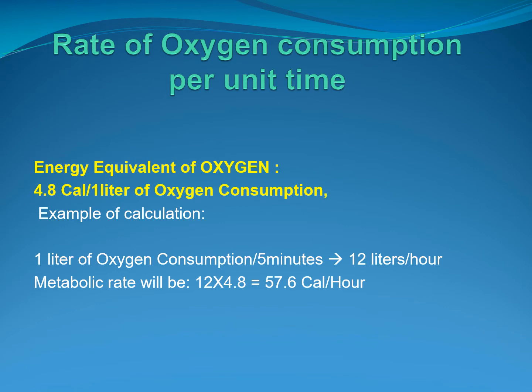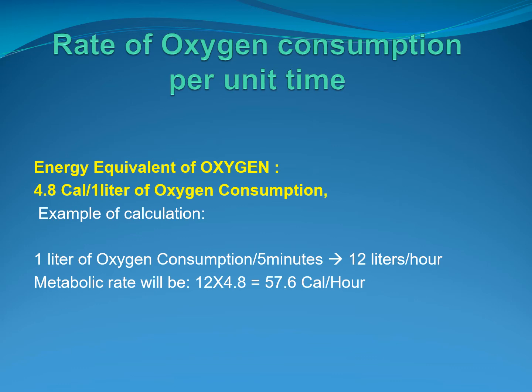By measuring the rate of oxygen consumption per unit time, we can proceed with the calculation of metabolic rate of that body. For each liter of oxygen consumption, the body is irradiating around 4.8 Calories. This is called the energy equivalent of oxygen.